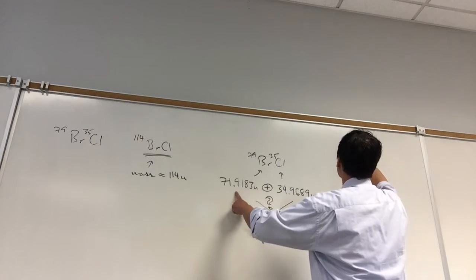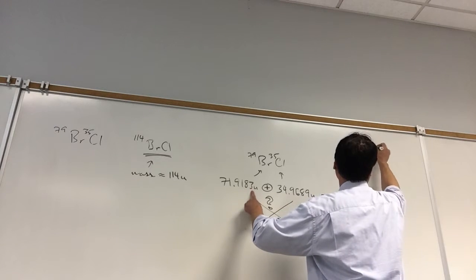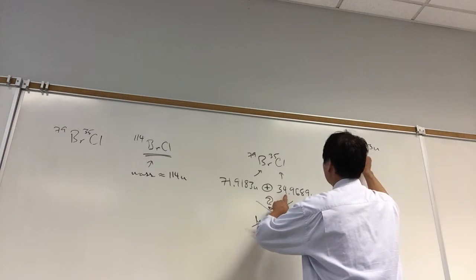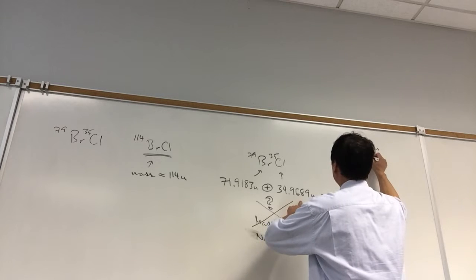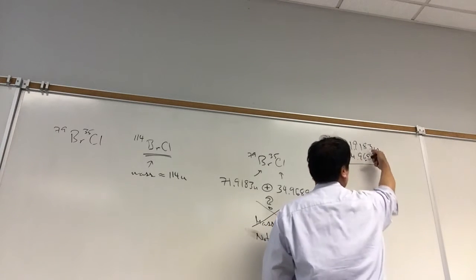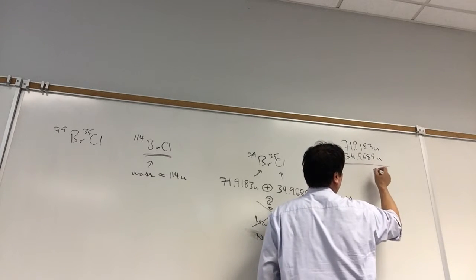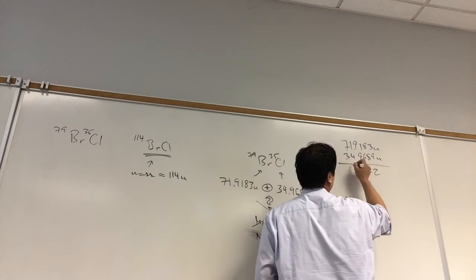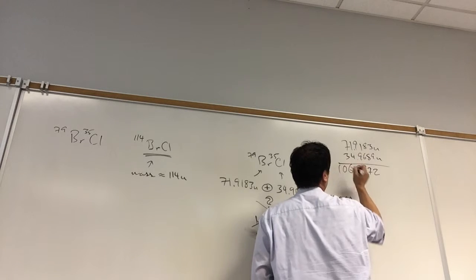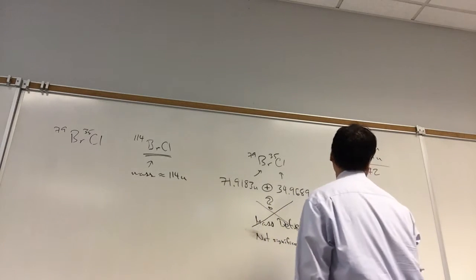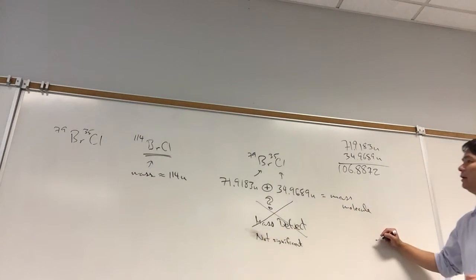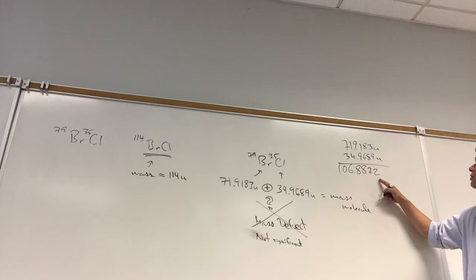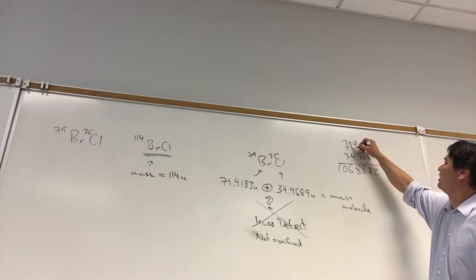Let's go ahead and get it. It's 71.9183 u plus 34.9689 u. So that's 12, 16, 17, 8, 18, 6, 106.8872. I must have made a mistake. Yeah, it should be 78.